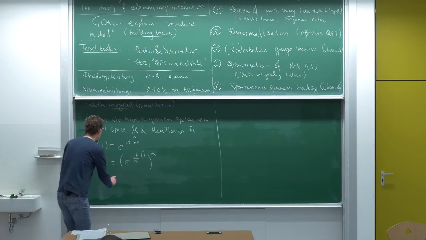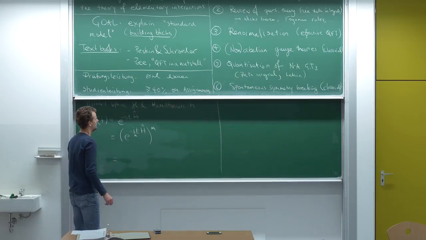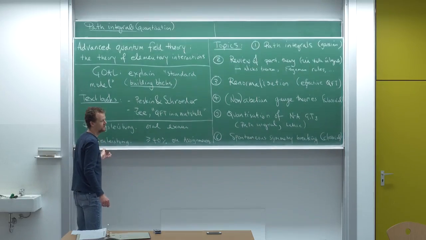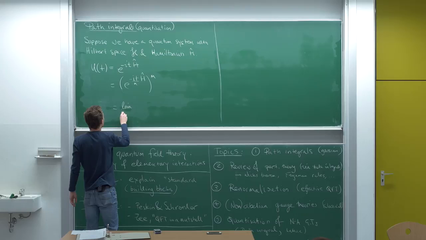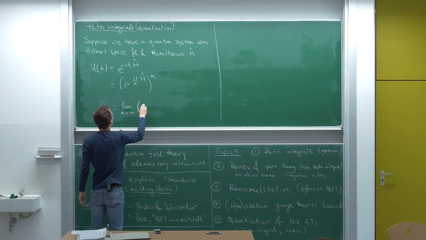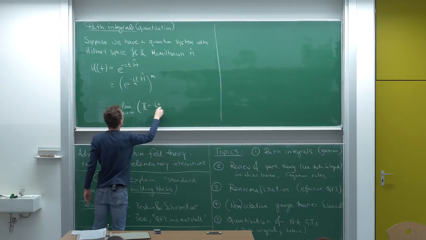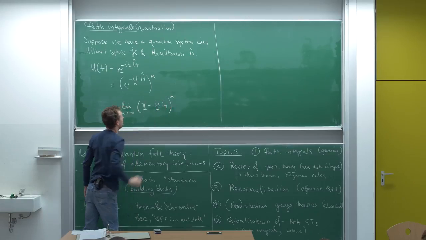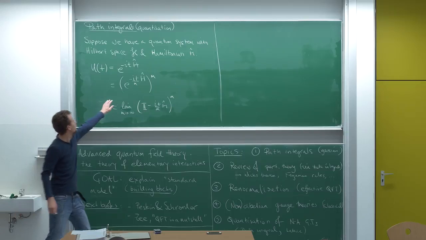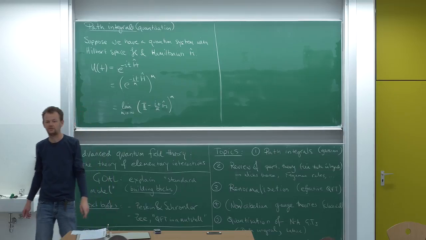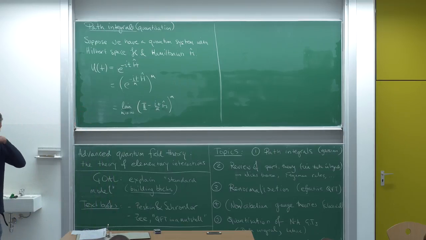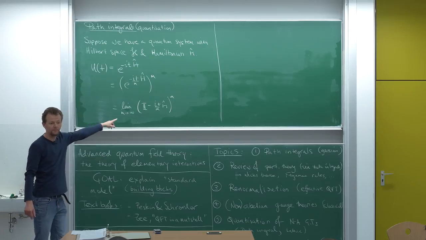This comes in handy, and then you can expand this in a Taylor series, and then you actually have this identity. This is an identity for the exponential function. And it's this observation that we're going to exploit to get an alternative representation of our propagator U of t.